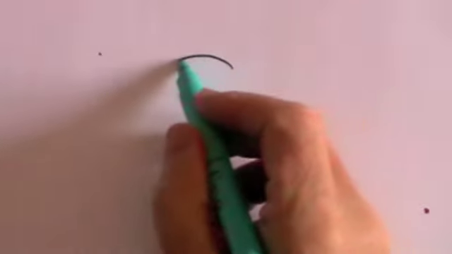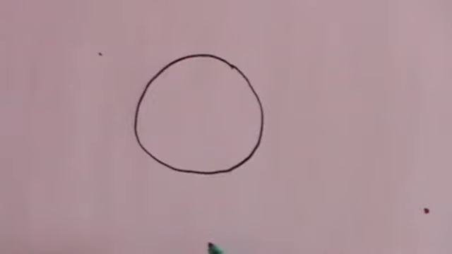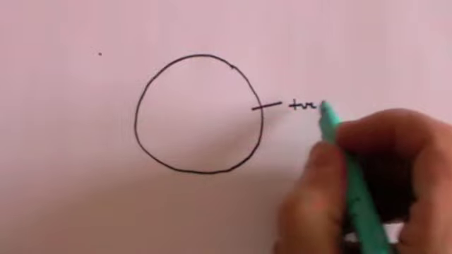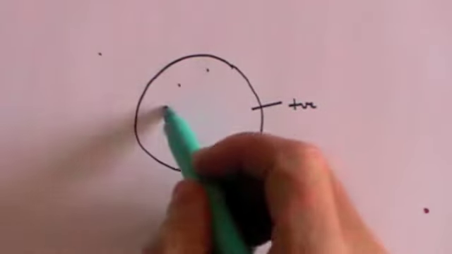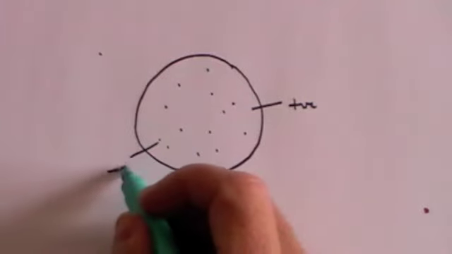The year is 1900 and the atom is no longer being regarded as an indivisible billiard ball. Thanks to the work of J.J. Thomson, it is now regarded that the atom consists of two bits. The bulk of it is positively charged, but within that positive charge there are bits of negative charge.